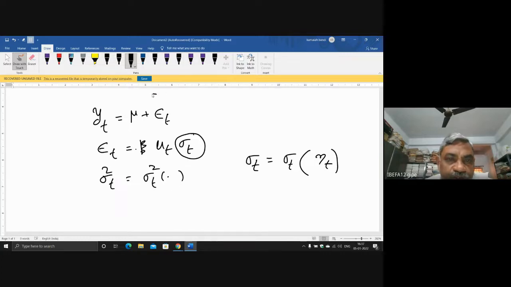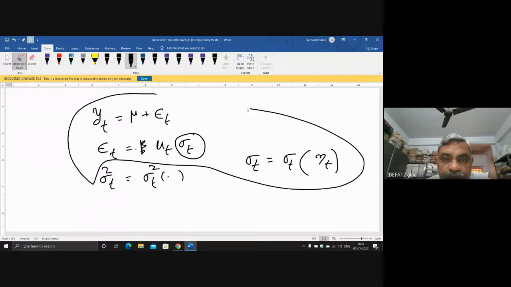So volatility viewed in this framework, all the models, they are in the realm of stochastic volatility models because the conditional variance is formulated to be stochastic. Why is it stochastic? Because the sigma square t is determined by a stochastic element eta t. Okay, in this sense it is stochastic.